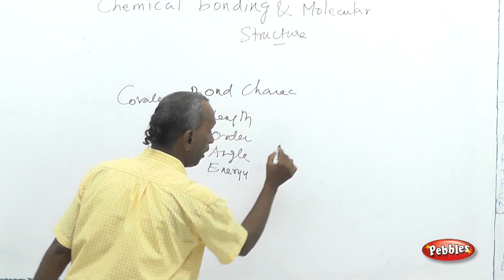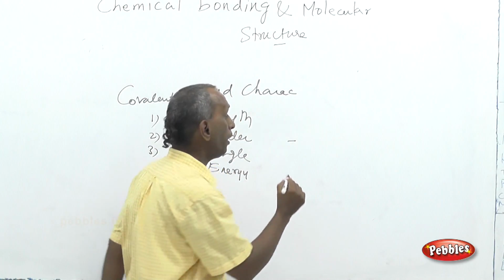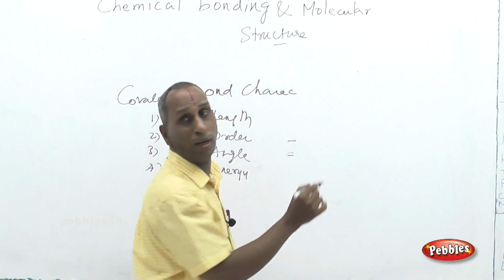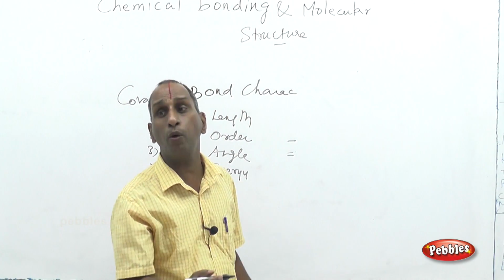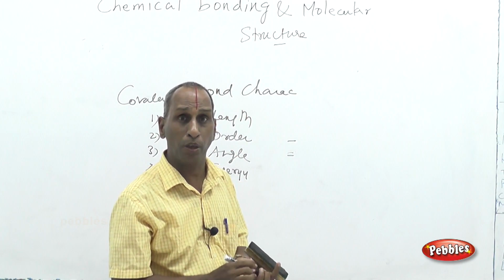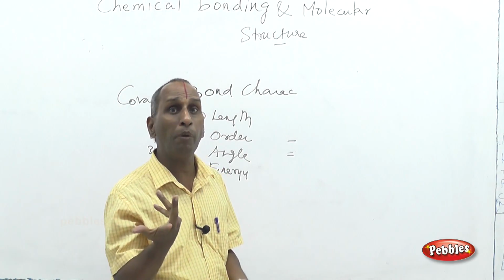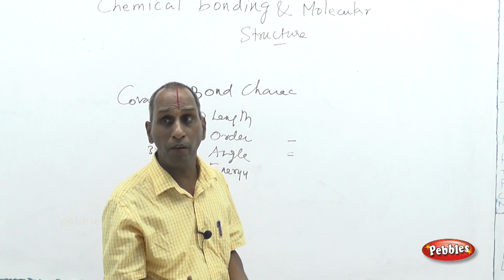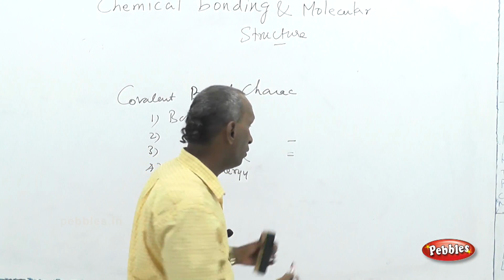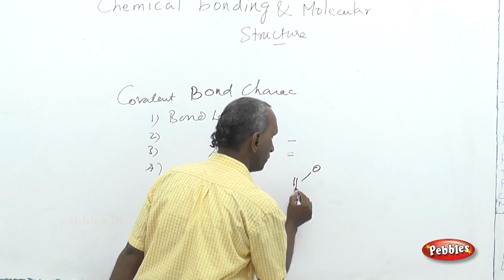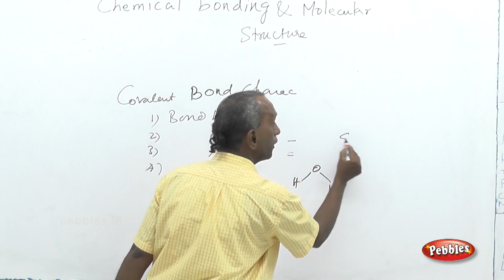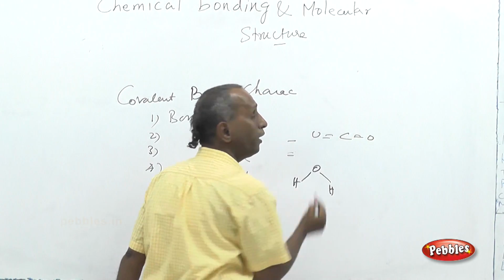Sometimes we draw a single bond, sometimes a double bond. Single bond means only one covalent bond, double bond means two covalent bonds, triple bond means three covalent bonds. But all three will not be of the same strength, nor of the same angle. Here we write it in angular fashion, here as linear fashion.